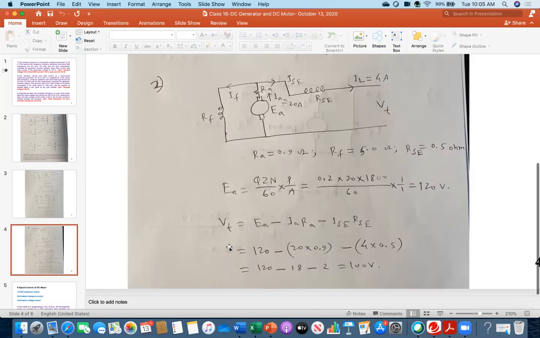And then I am writing the VT equation: EA minus IA RA minus ISA RSA. I just gave this current the name ISA, series field current, or it is the same current as the load current IL. So you might use the symbol IL here, it does not matter. And then you should be getting 100 volts.